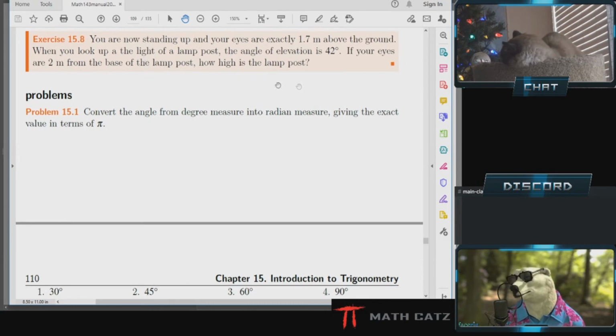You're now standing up, and your eyes are exactly 1.7 meters above the ground. When you look up at the light of a lamppost, the angle of elevation is 42 degrees. It might be a different lamppost. If your eyes are 2 meters from the base of the lamppost, how high is the lamppost?